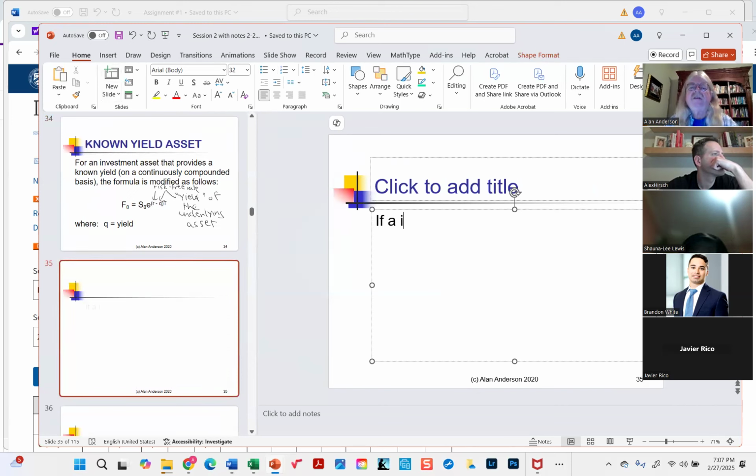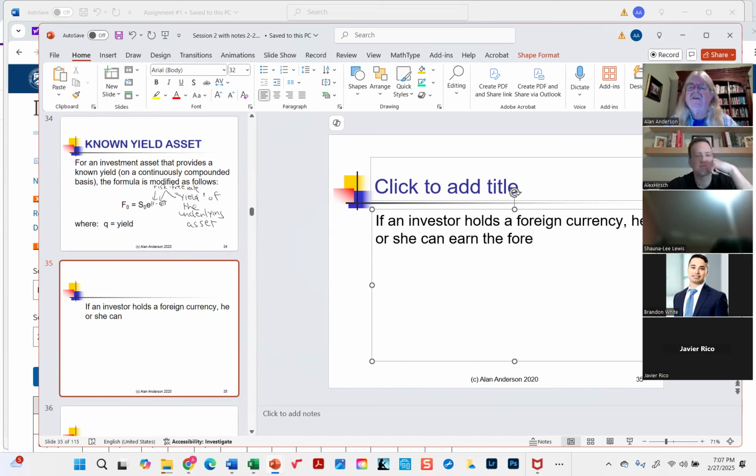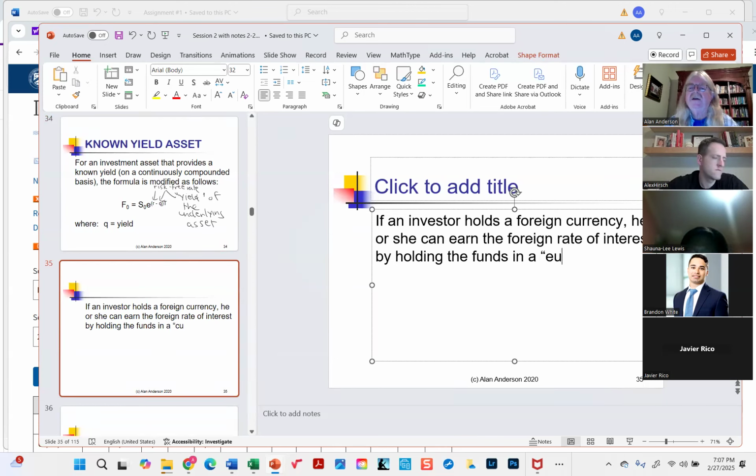If an investor holds a foreign currency, he or she can earn the foreign rate of interest by holding the funds in what's called a euro currency account.